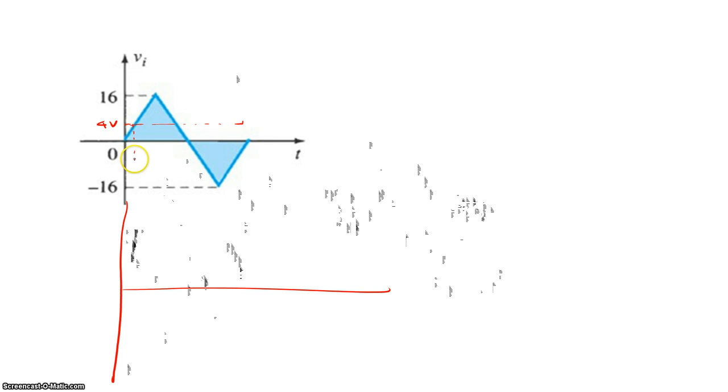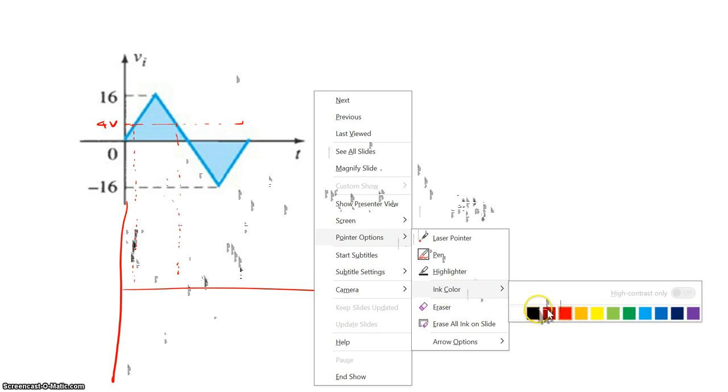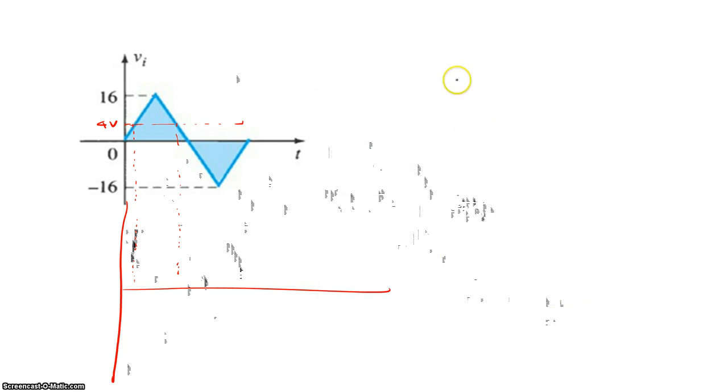Above 4, the diode is off, and you will get exactly your V input as your output, because V input is greater than 4 volt. The diode is off and your V output is equal to V input.